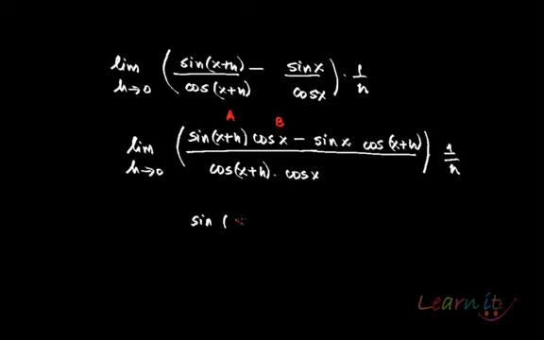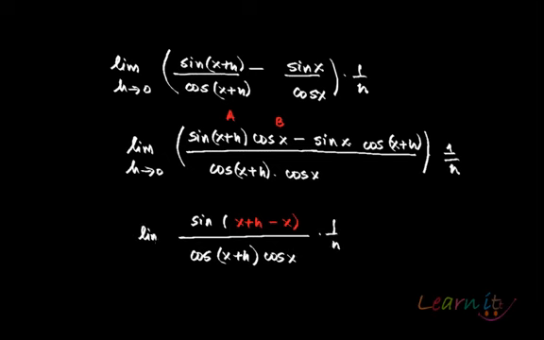So you can write this as sine of (x plus h minus x), divided by cos of (x plus h) into cos x into 1 upon h. There is a limit which is still flowing.